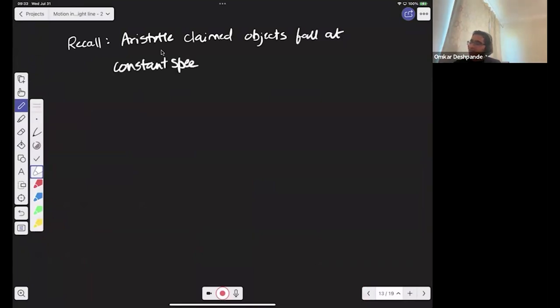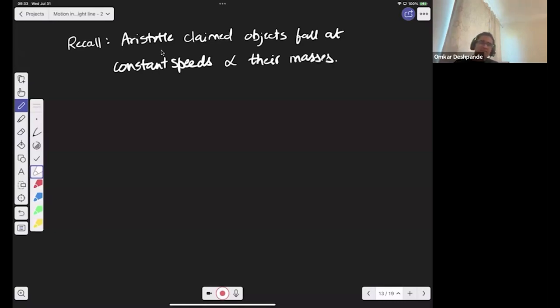You would remember, last time I mentioned how Aristotle claimed that when you drop an object made of earth or water, all objects that are dropped fall at constant speeds, which are proportional to their masses.